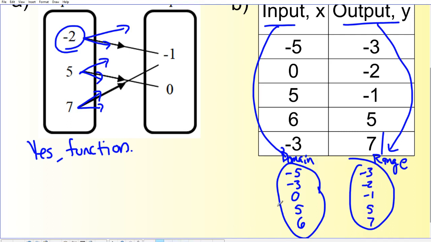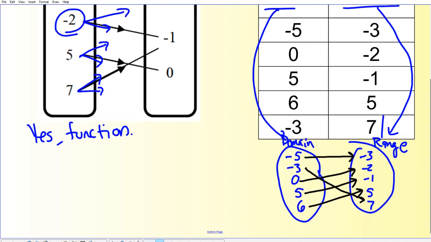And now the mapping part is I just draw from the input to the output. So -5 goes to -3. 0 goes to -2. 5 goes to -1. 6 goes to 5. -3 goes to 7.